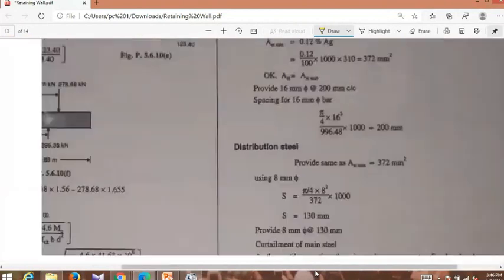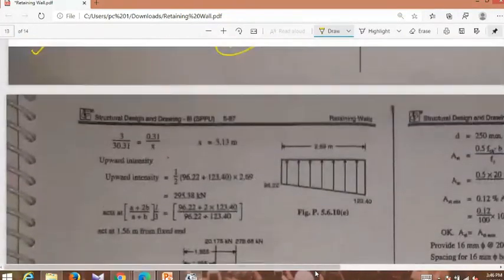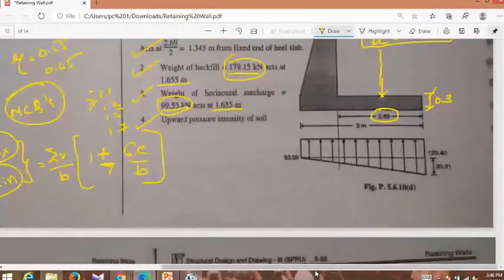We know the intensity at this point, and we know the intensity at this point, but we don't know the intensity at this point. By similar triangle you can calculate the intensity.